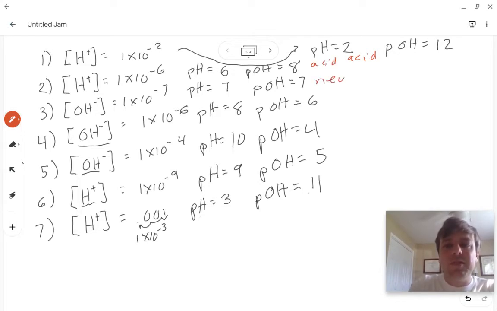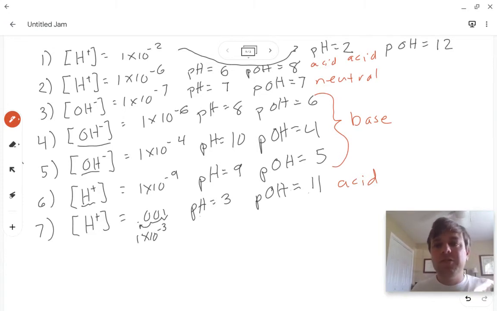That's neutral. For numbers 4 through 6, our pH is greater than 7. So those are bases. And for number 7, our pH is 3. So that's an acid. You could also do the determinations based off the pOH scale. You'll get the same results.